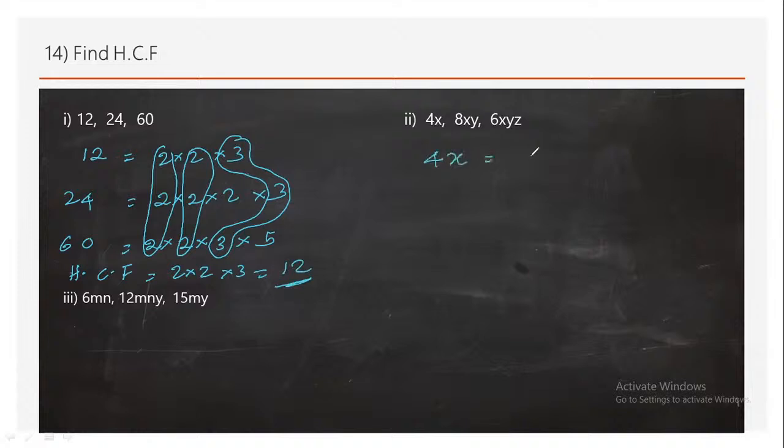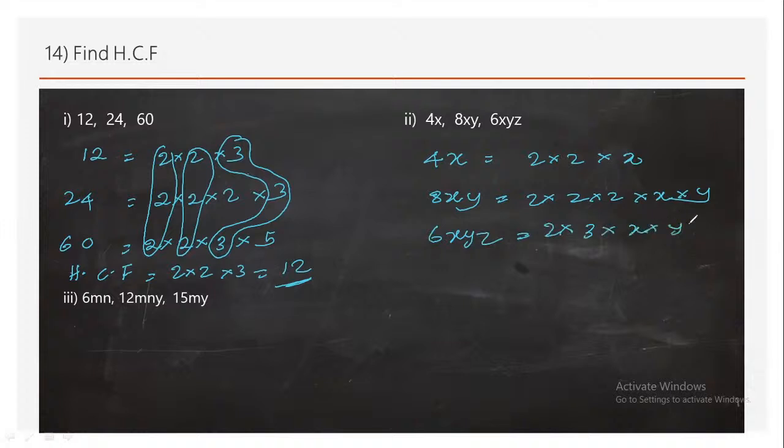For the next one, write the product of prime factors: 8xy is 2 into 2 into 2 into x into y, and 6xyz is 2 into 3 into x into y into z. Here x is common. Then you can write HCF is 2x.